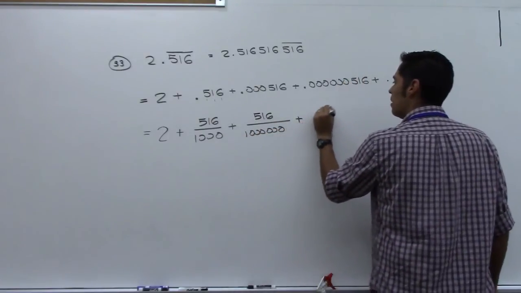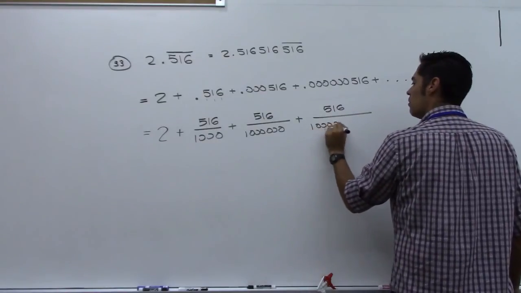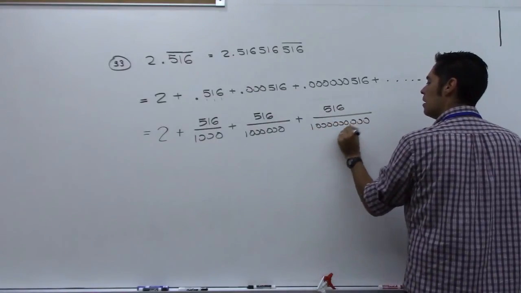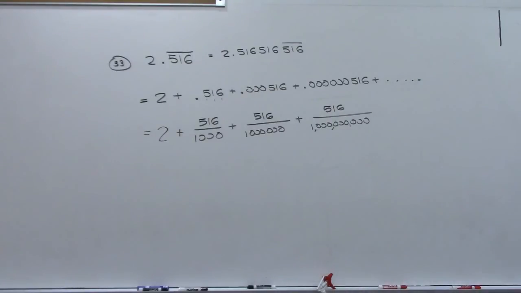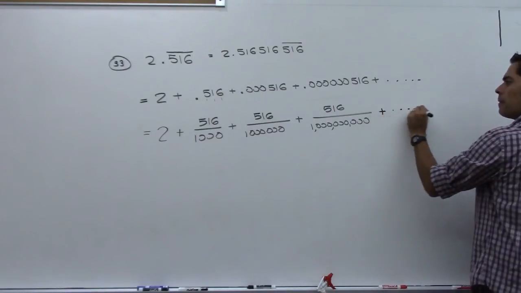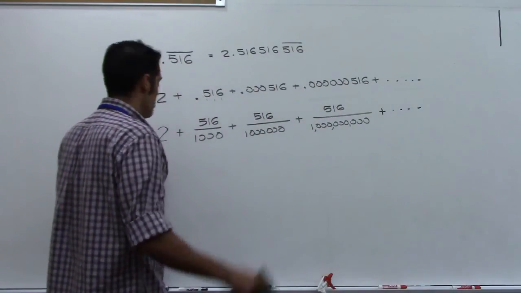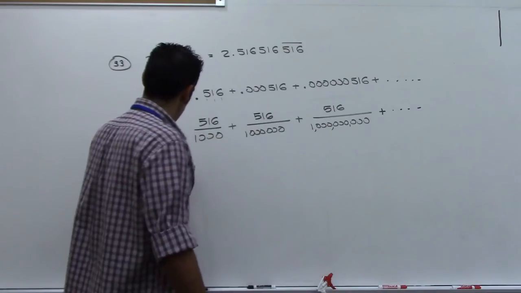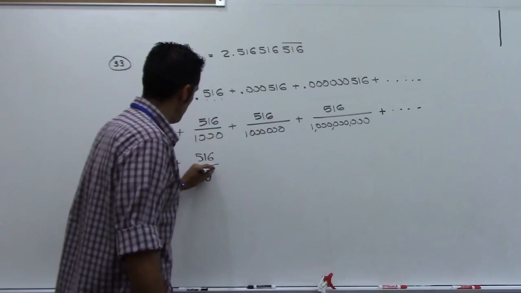And then 516 over 1, 2, 3, 1, 2, 3, 1, 2, 3. So what do we got there? A billion, and we keep going. Now this is just 2 plus 516 over 10 to the third.